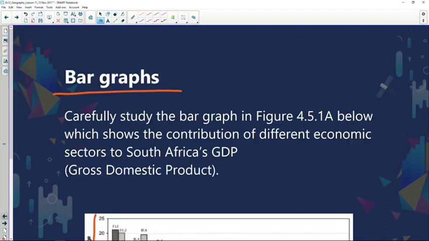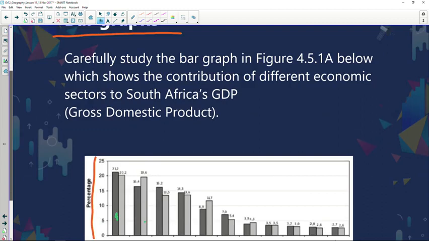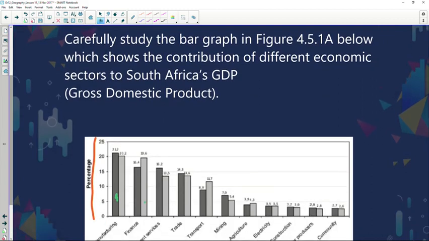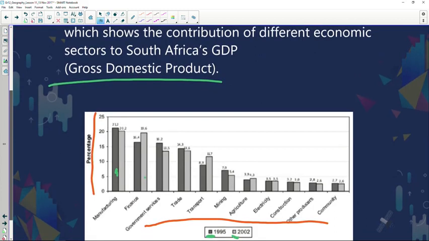This graph represents all the industries that make up the gross domestic product. Manufacturing, the secondary activities, finance, tertiary activities, etc. And there's the percentage on the vertical axis showing how much they have contributed to South Africa's GDP.